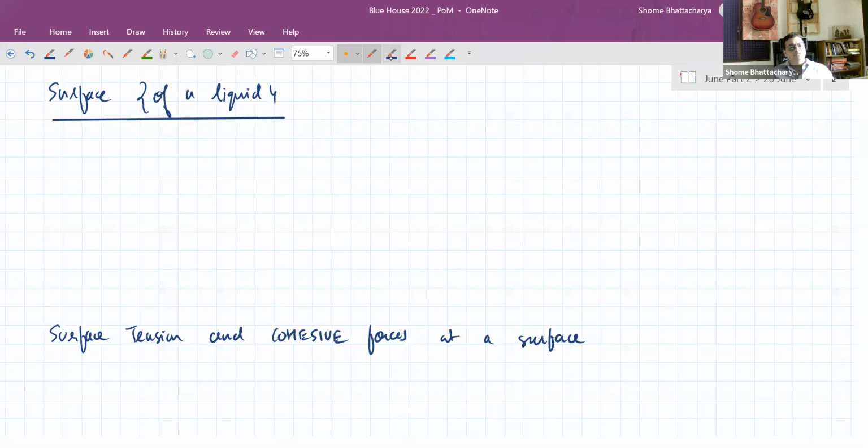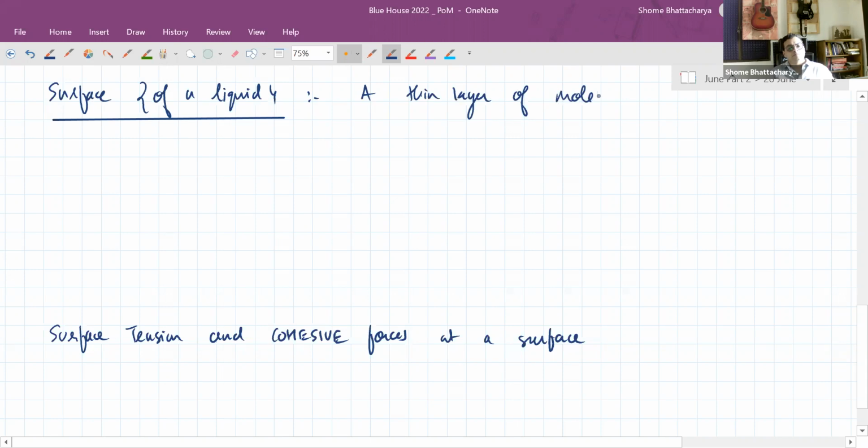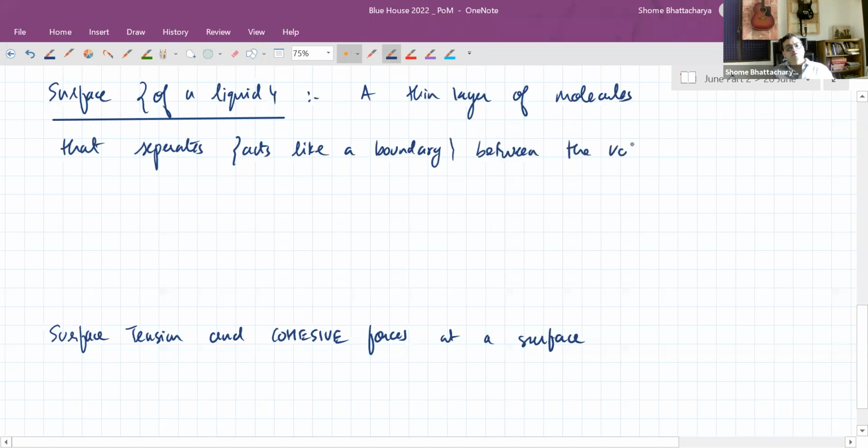That is nothing but a very thin layer of molecules that separates or acts like a boundary between the volume or body of the liquid and its surrounding environment.